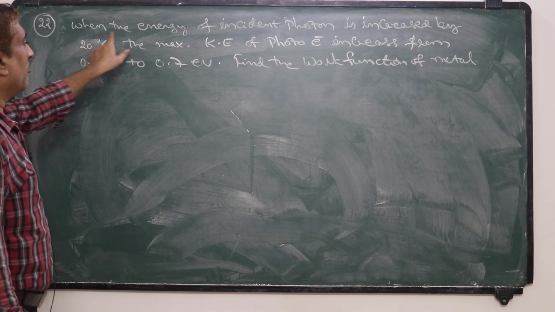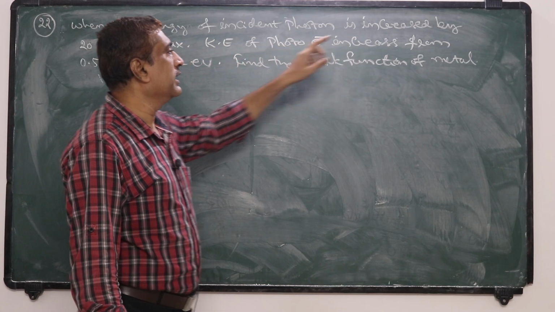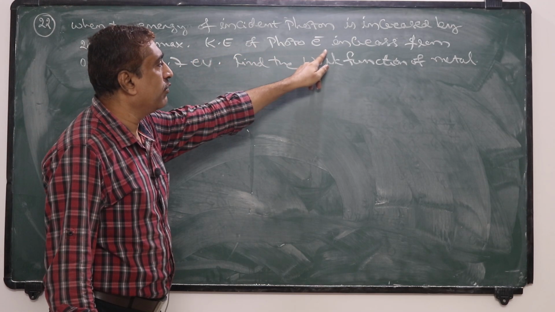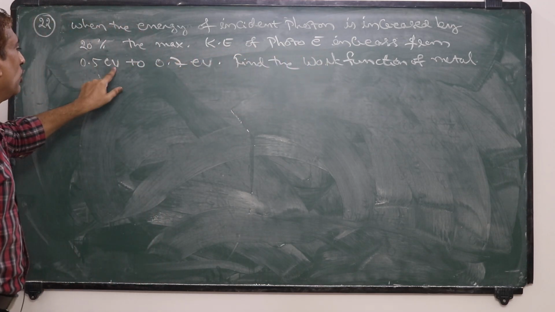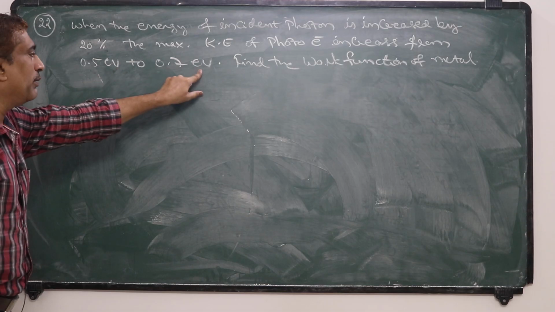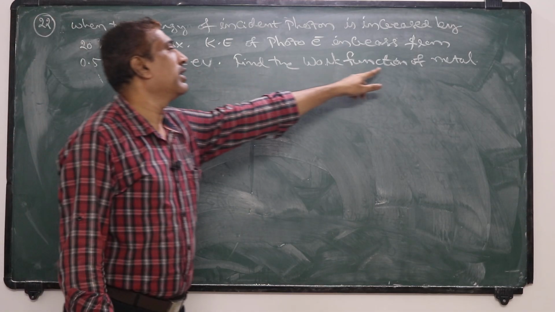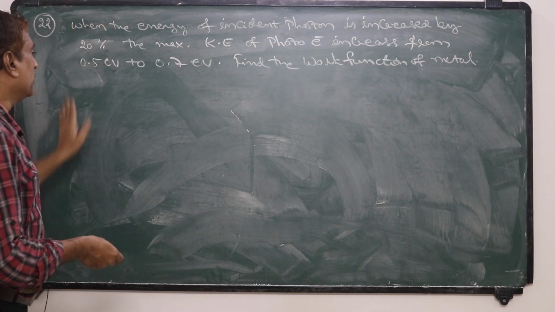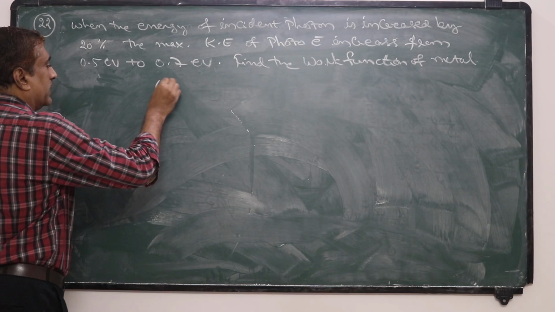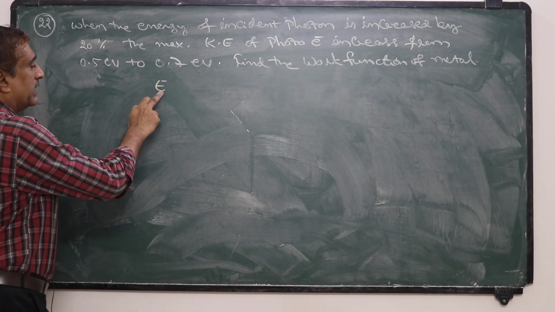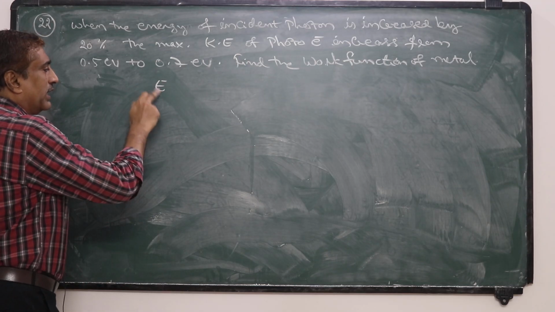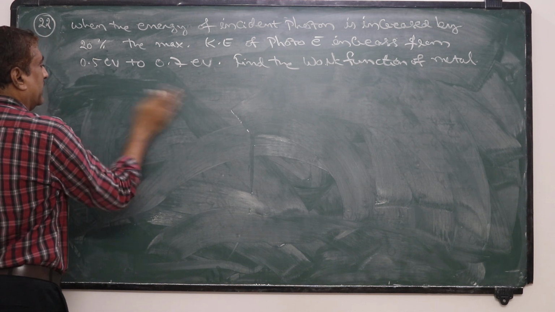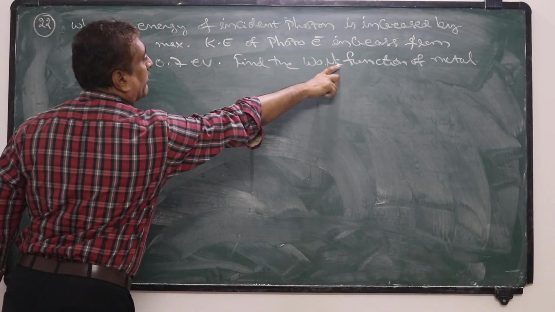Now the question is, when the energy of the incident photon is increased by 20%, then the maximum kinetic energy of the photoelectron increases from 0.5 electron volt to 0.7 electron volt. Find the work function of the metal. How we can solve this problem is, assume that initially the energy of the photon is E. We have to find the work function.